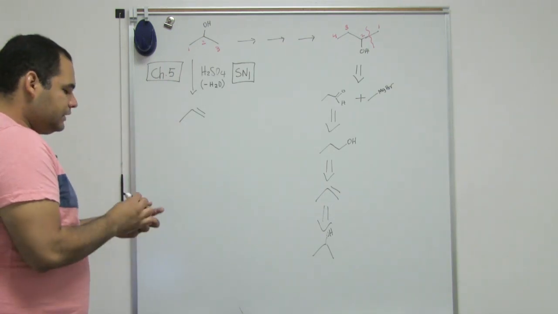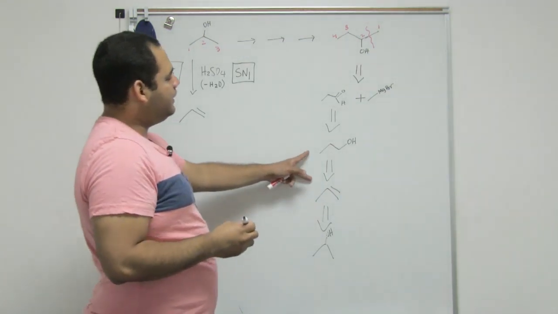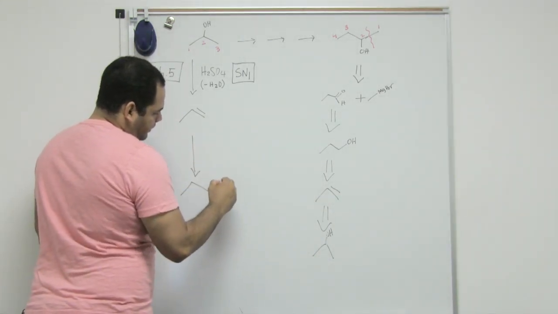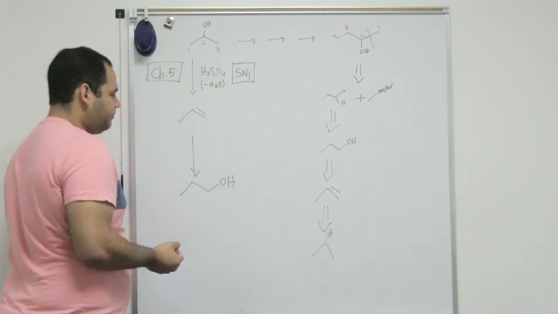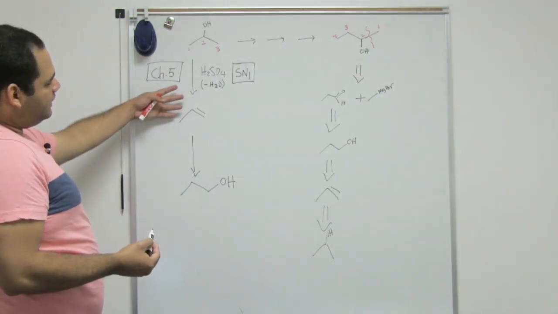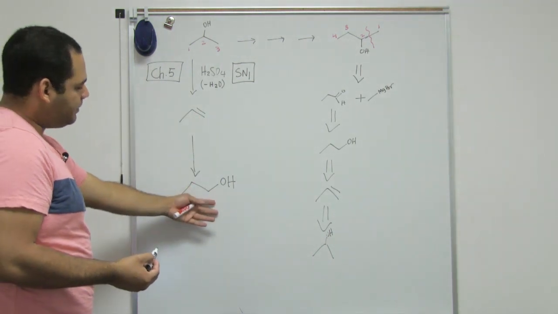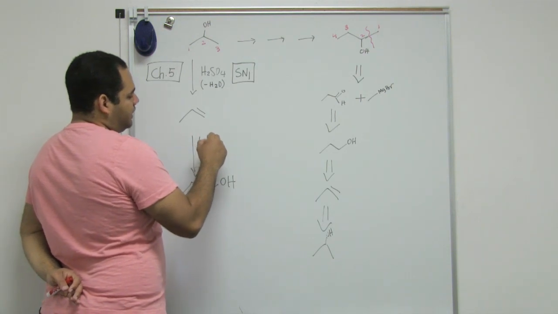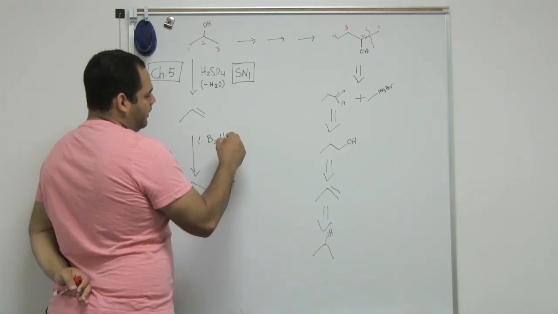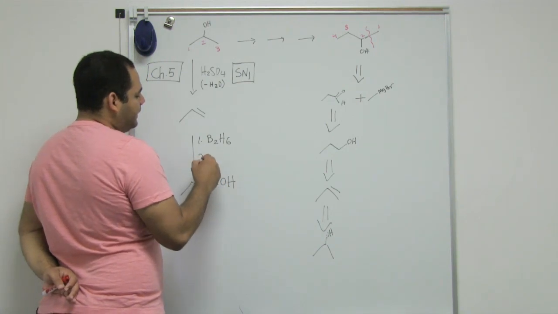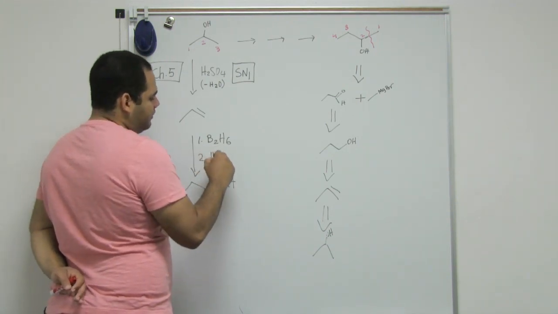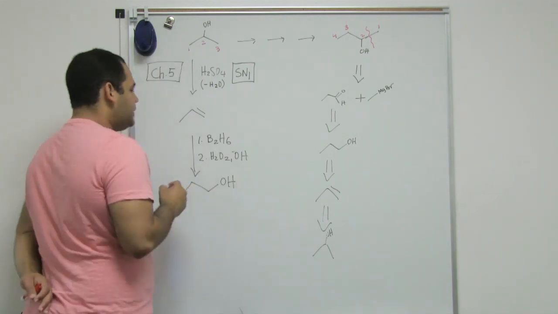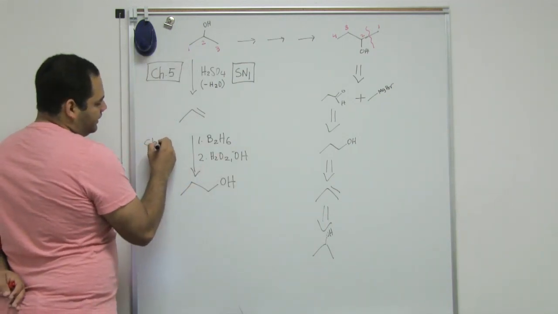Now I look at my next step, and I need to make this primary alcohol. If I have an alkene and I want to make this primary alcohol, I learned one reaction called hydroboration oxidation, where my OH is added anti-Markovnikov. I found this specific reaction in chapter 6.